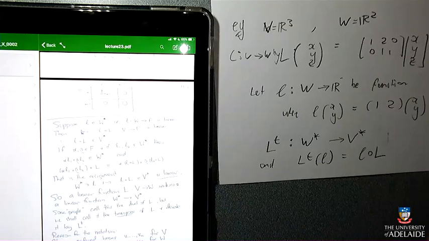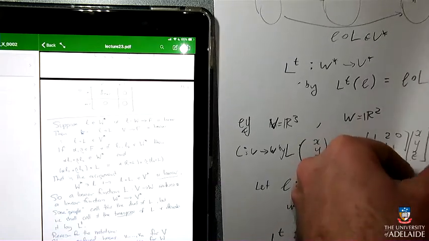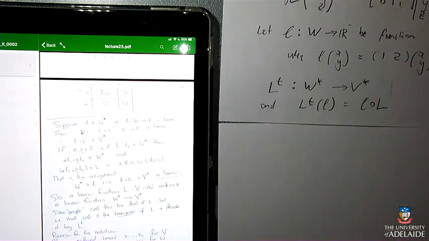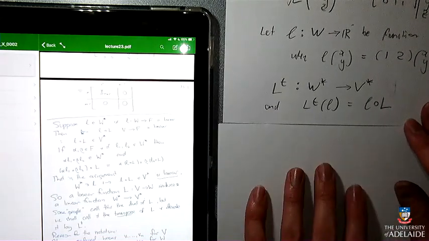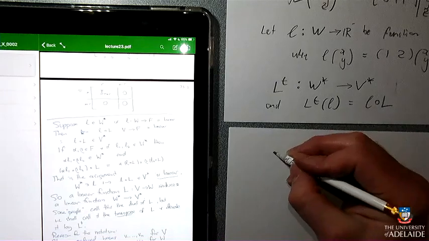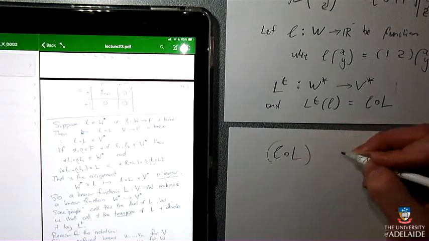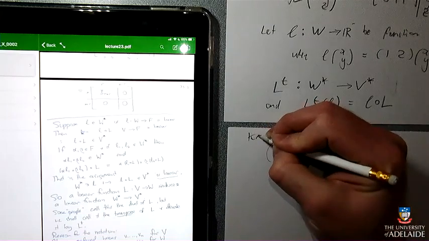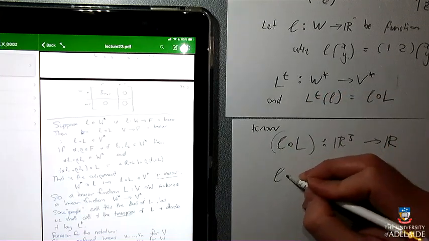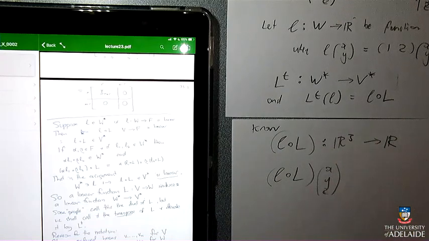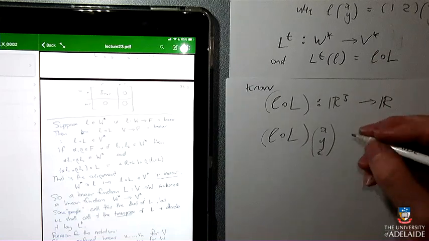Okay. Well, let's just see what happens. This should be a function from R3 to the field. So that's a function from R3 to R. We know that. And it should be l of L of the vector x, y, z, right?